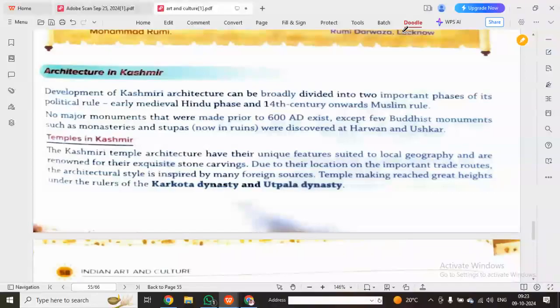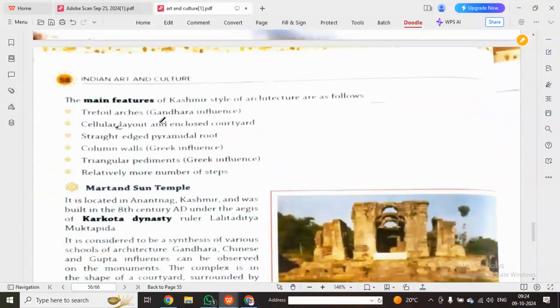Due to their location on the important trade routes, the architectural style is inspired by many foreign styles. When was the greatest height reached? Great height under the Karkota and Pala dynasty.